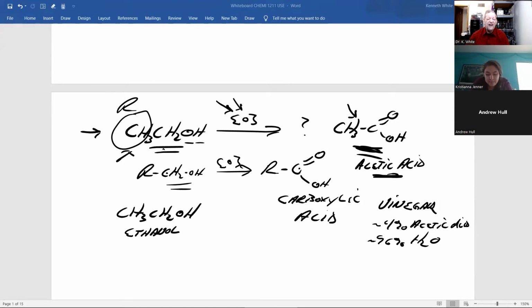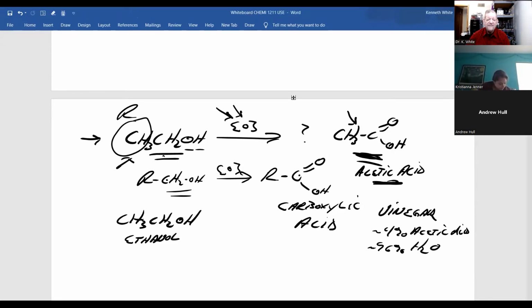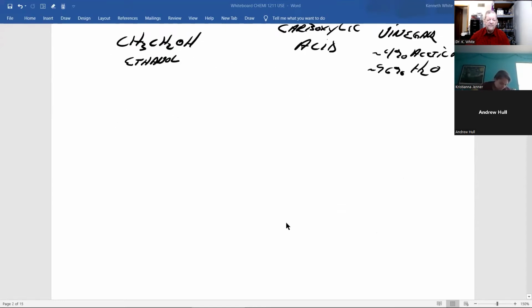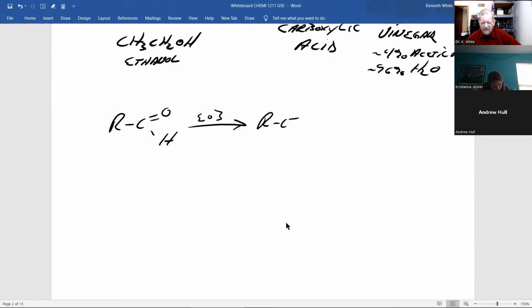All right, next reaction, if you take an aldehyde and oxidize it, you will get a carboxylic acid. So let's take a look at this. This is an aldehyde. And if we oxidize it, you'll get a carboxylic acid.